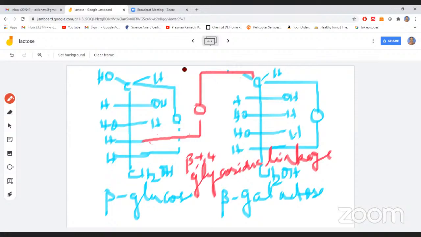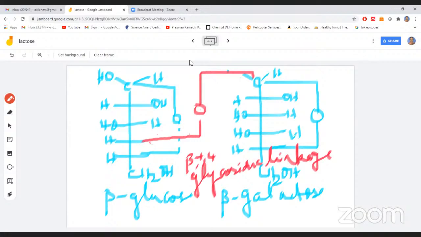Once again, I would like to tell you the molecular formula is C12H22O11, and on hydrolysis, lactose gives glucose and galactose. So we understand that the two monomers involved are glucose and galactose. Then, as usual, like maltose, it reduces Fehling's and Tollens' reagents. It exhibits alpha and beta forms.